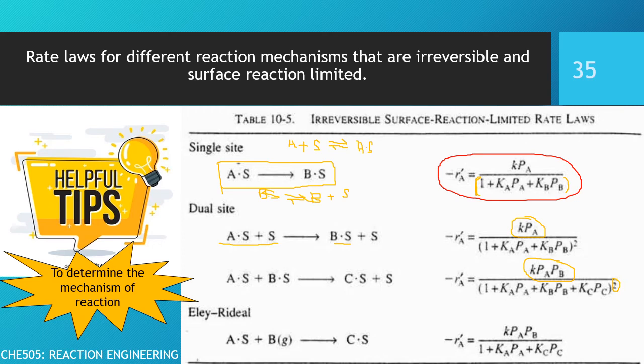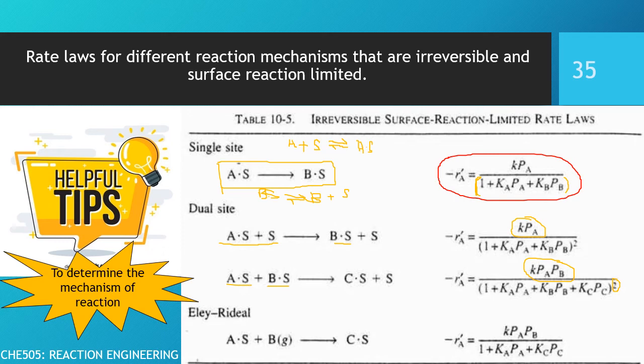Therefore, how does the surface reaction occur? So A dot S plus B dot S. These species that attach to the active site come from the adsorption step. So how does the adsorption step occur? You will have 2 adsorption steps.